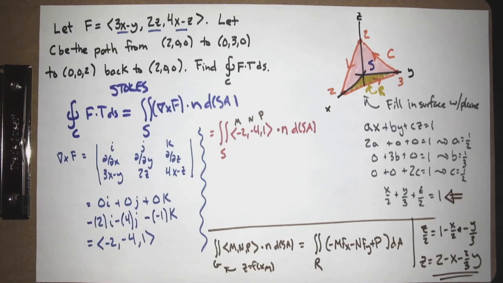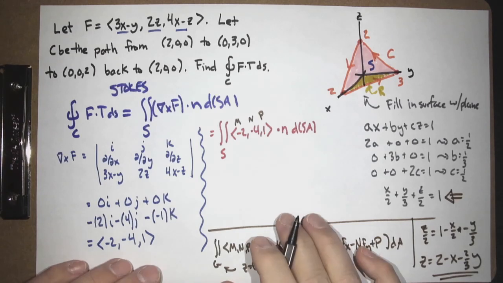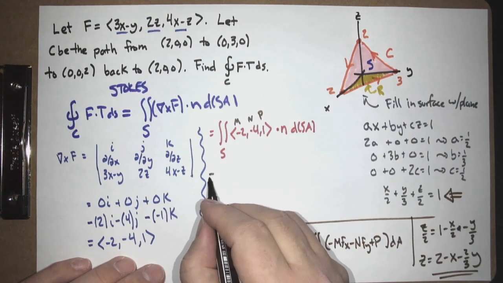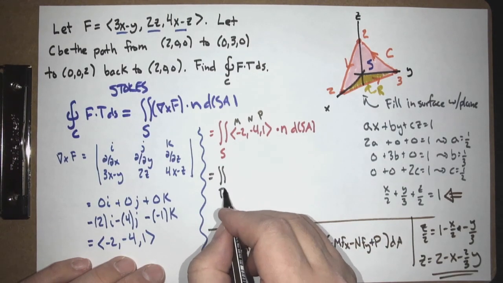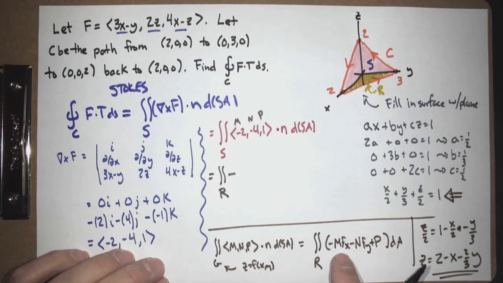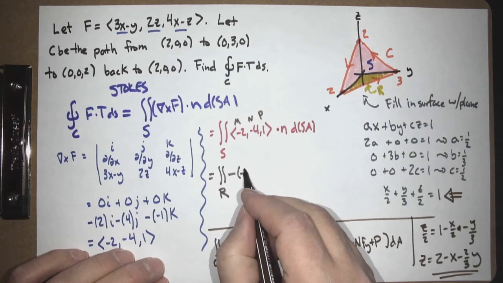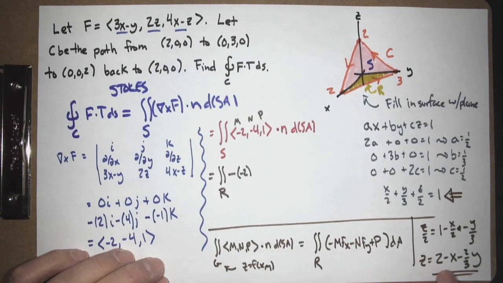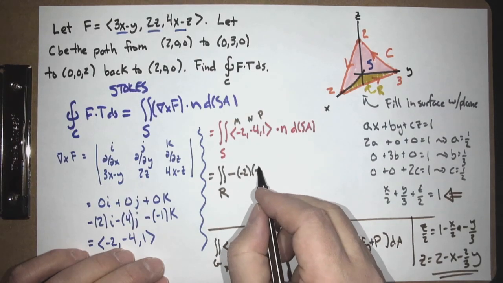Okay, so here we go. We're almost there. So this is equal to the integral over our region R. We'll come back to that in a second. Minus M, negative 2, f sub x, which is negative 1.